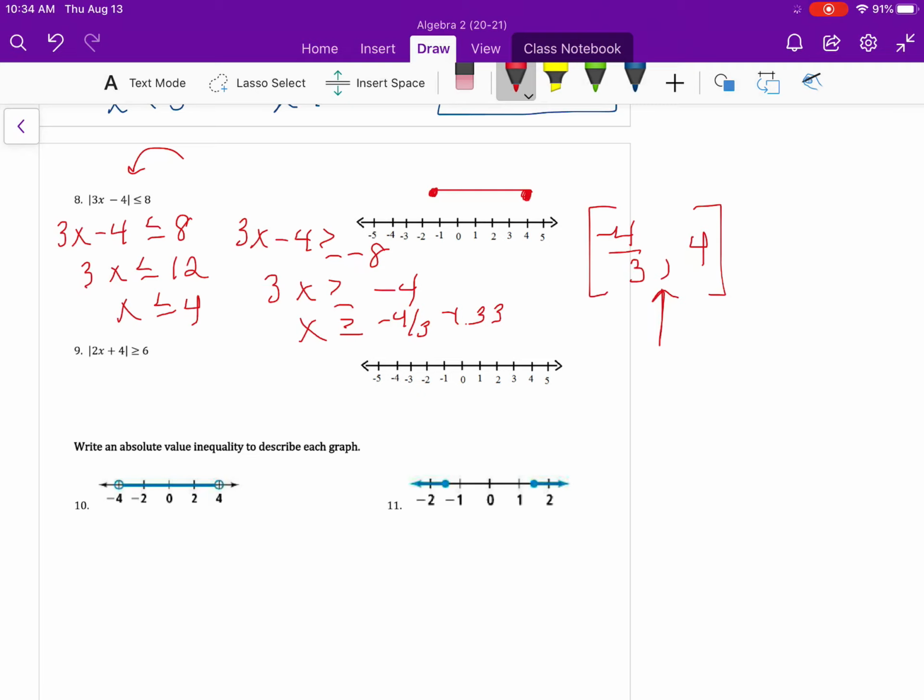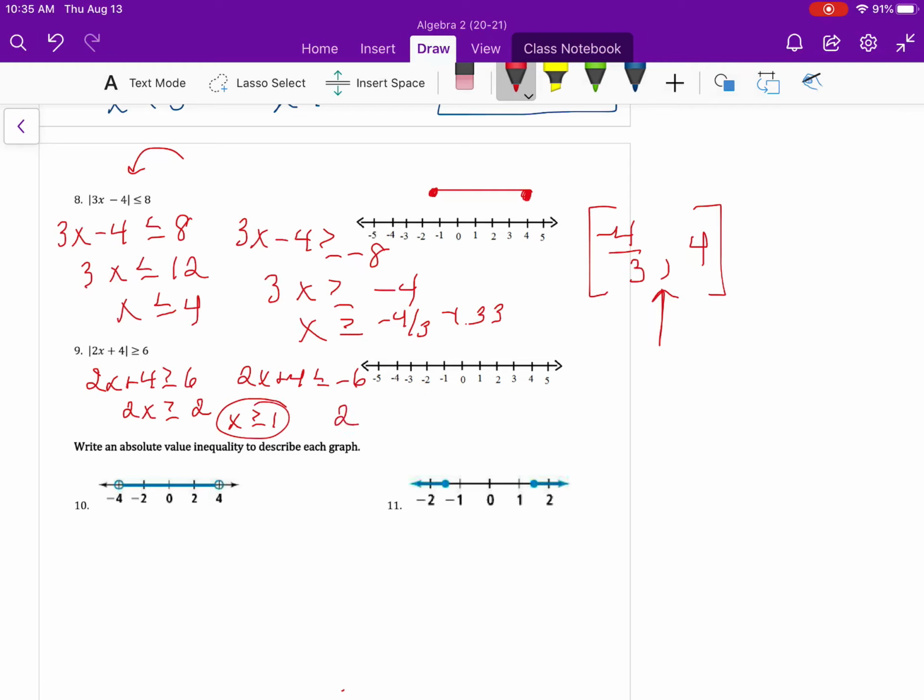Let's try another one. Let's see. 2x plus 4, the absolute value needs to be greater than or equal to 6. So you would say it needs to be greater than or equal to 6, or on the other side, less than or equal to -6, right? Flip the sign and the symbol. So subtract 4, so 2x is greater than or equal to 2.